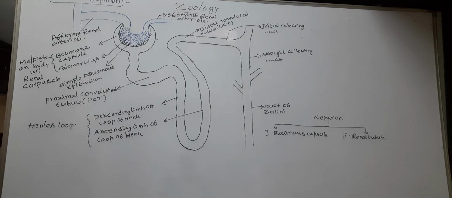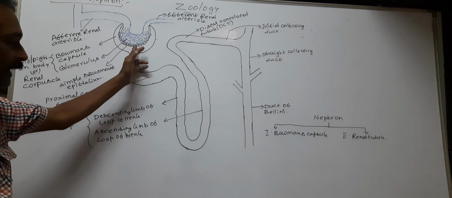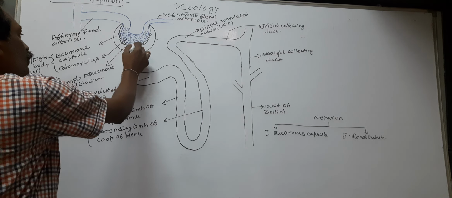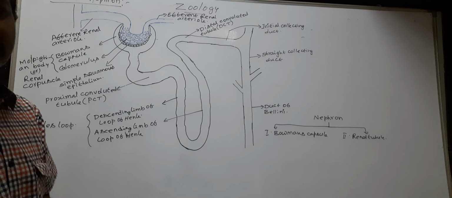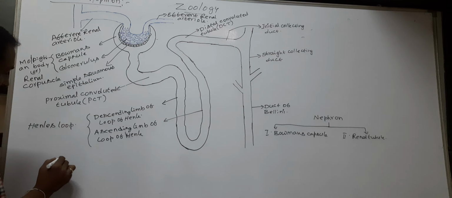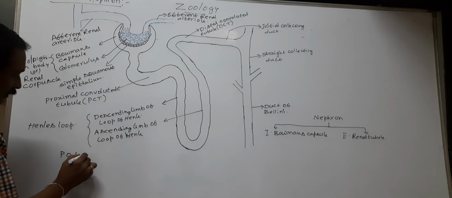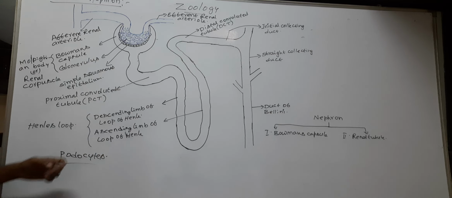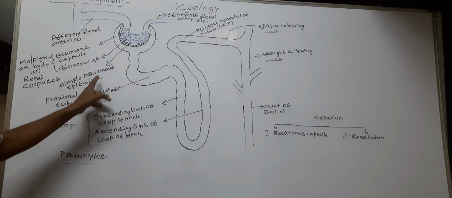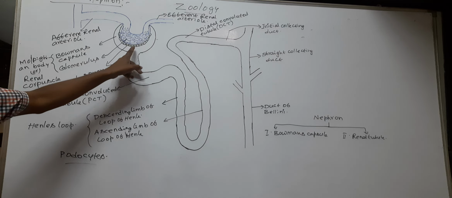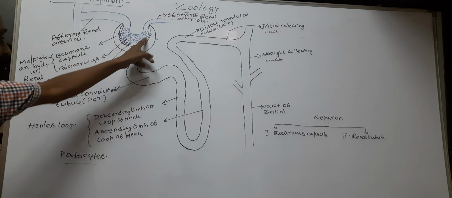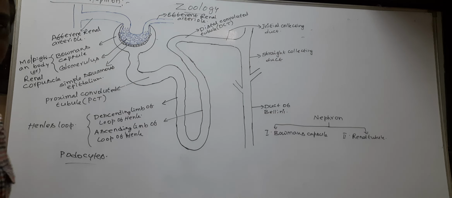The simple squamous epithelial cells of inner layer of the Bowman's capsule are called podocytes.